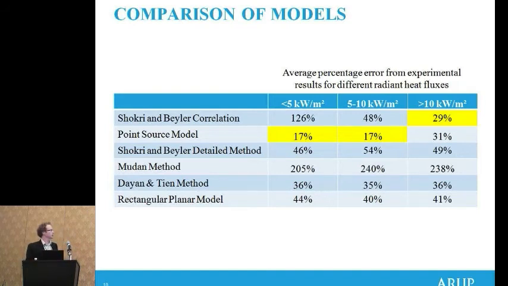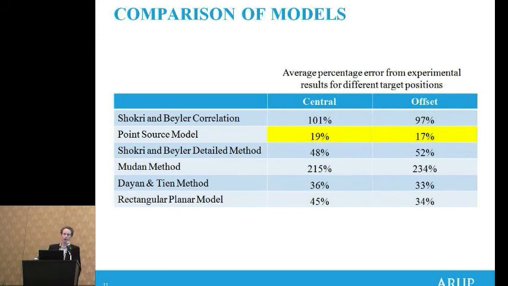The point source model was seen to be quite consistent across the different ranges, which was somewhat surprising because there is some advice which says that the point source model should only be used for heat fluxes less than 5 kilowatts per metre squared received. So it seemed to perform quite well there. It did become less accurate at higher heat fluxes, and I feel that if we went to very high heat fluxes, it might fall down even more. But overall, it was still quite consistent there.